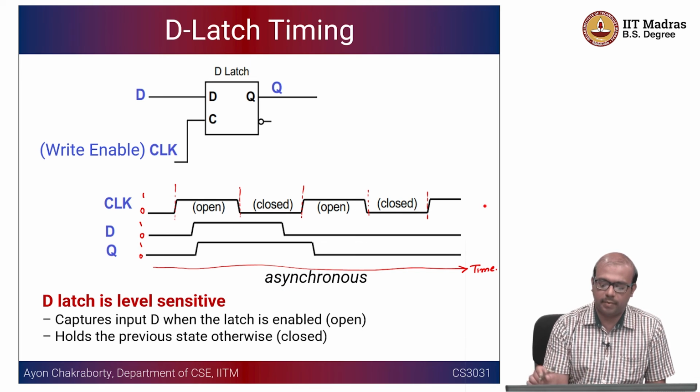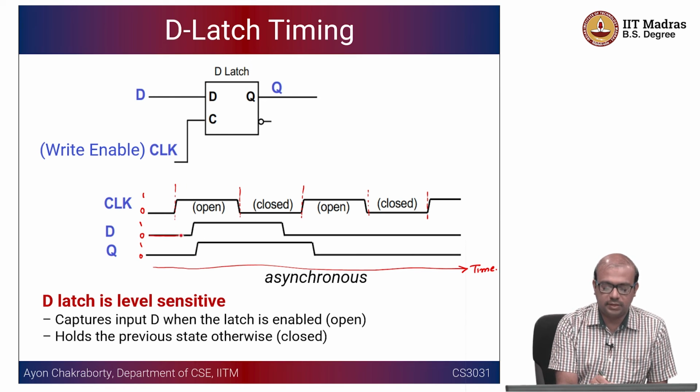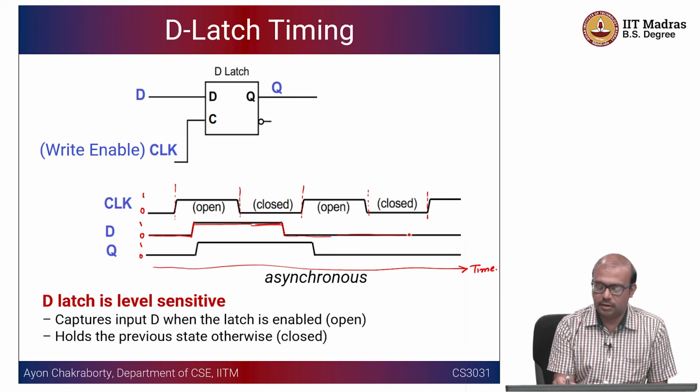The clock operates on its own, and the value of D also comes on its own. So this value was 0, suddenly it became 1, and it stayed 1 for some period of time, then it became 0 again, and then it remained 0.